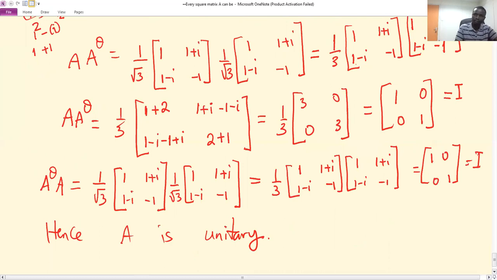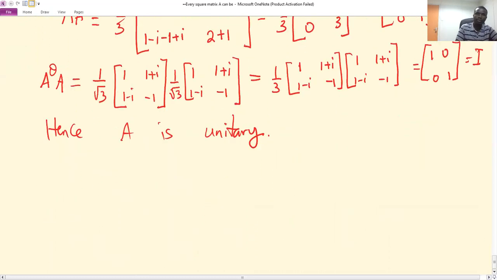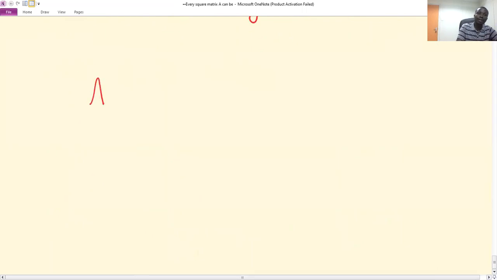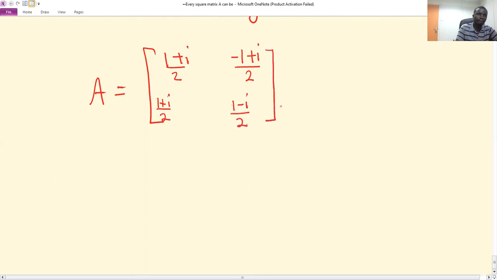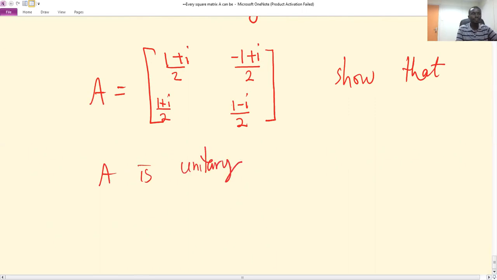And then example 2, which you can do as an exercise. If you have A given by 1 plus i over 2, minus 1 plus i over 2, minus 1 plus i over 2, 1 minus i over 2, show that A is unitary. So this is what you have to do.